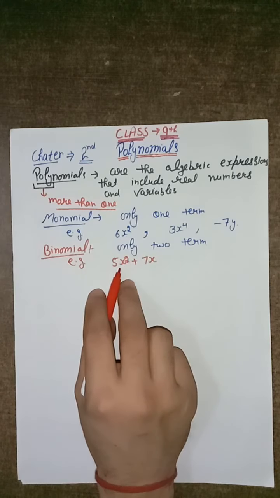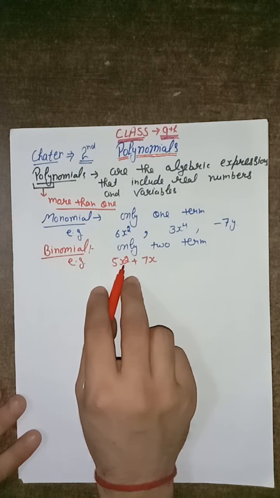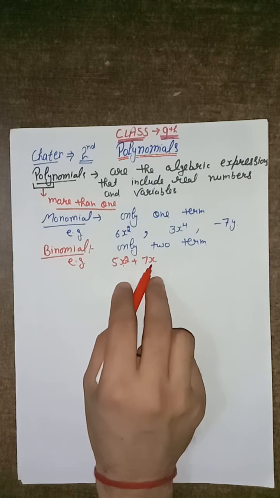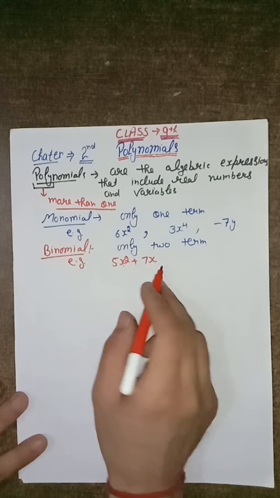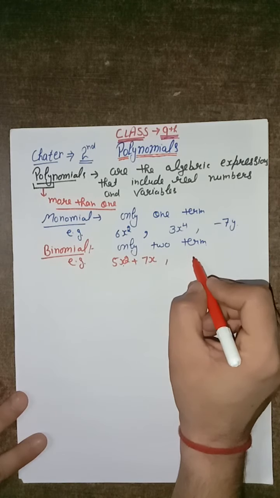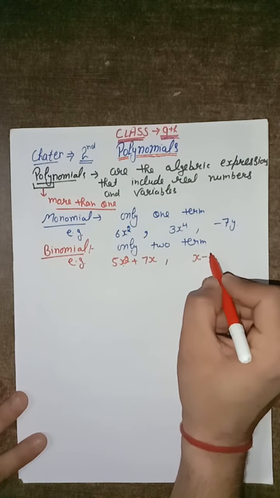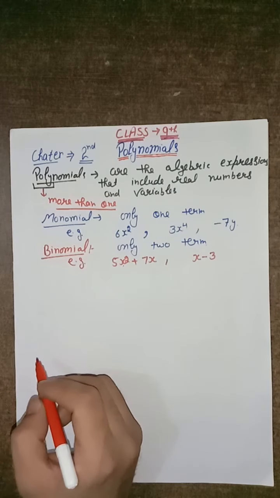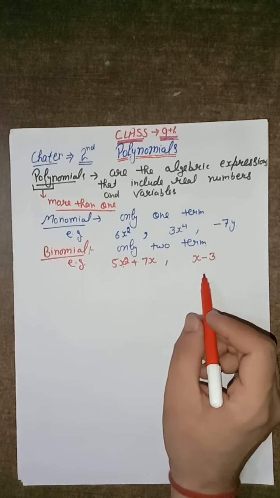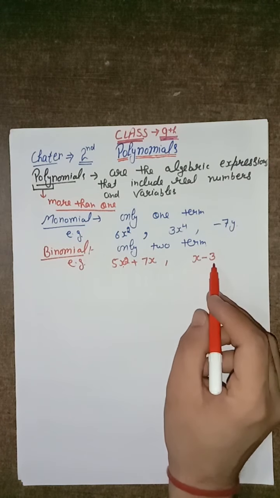This contains 2 terms. First one is x² and the second term is x. Or we can say x - 3. This also contains 2 terms. First one is x and second is the constant term.